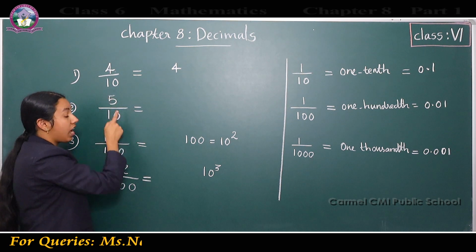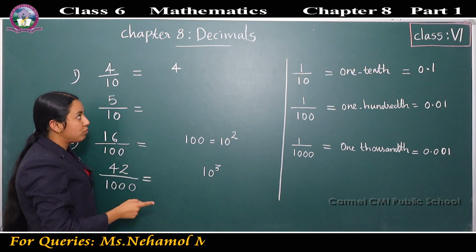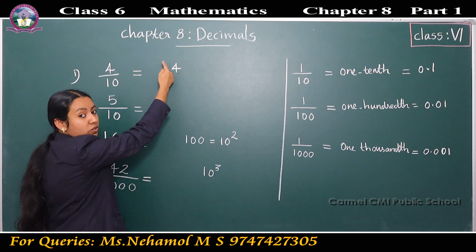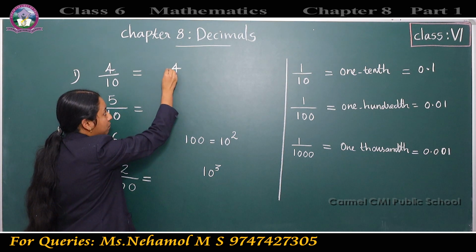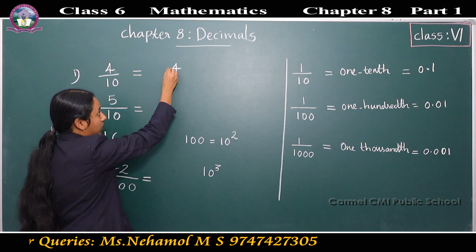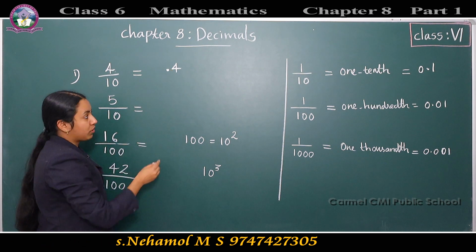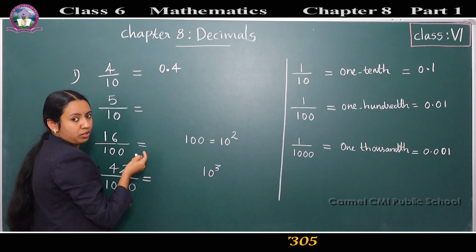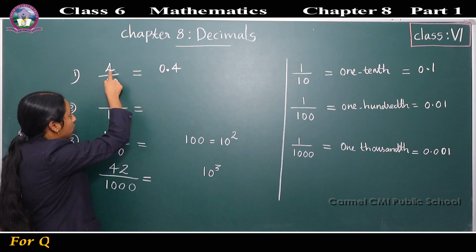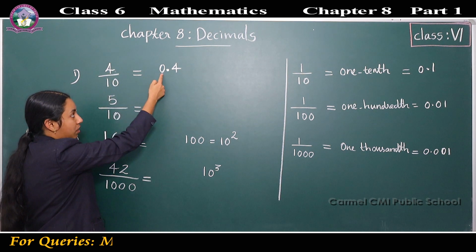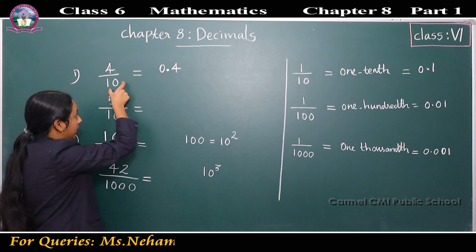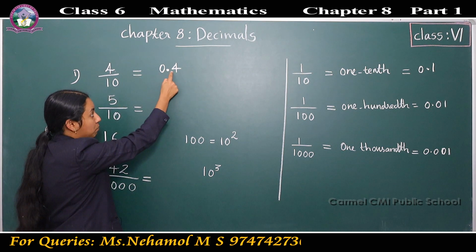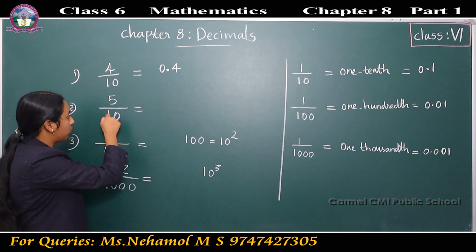Since the number 10 has only one zero, we have to count one place from the last digit to the left and then put a point. This point is known as the decimal point. So we can represent it as 0.4. So 4 by 10 is the same as 0.4. The decimal representation of 4 by 10 is 0.4.